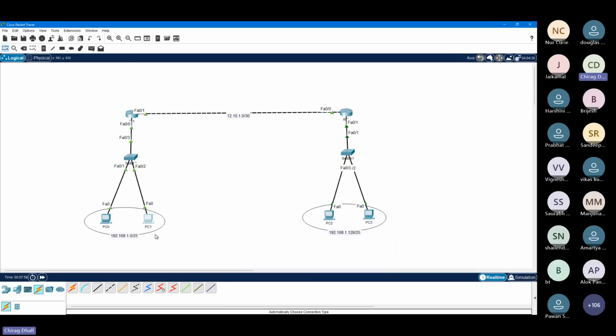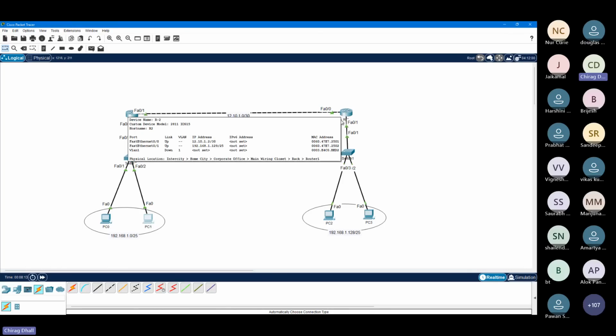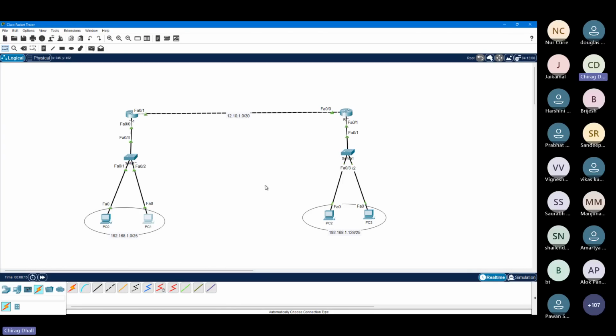Guys, just like 1.0 is the network ID and 1.1 is the first usable IP, similarly 1.128 is the network ID and 1.129 will be the first usable IP. So that's why on my router 2, we have given the IP as 1.129. Clear?